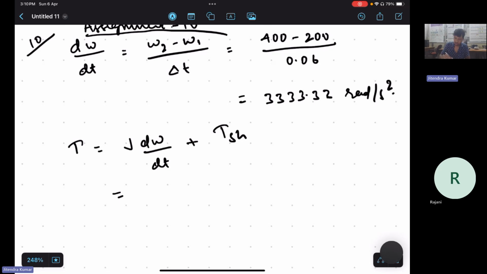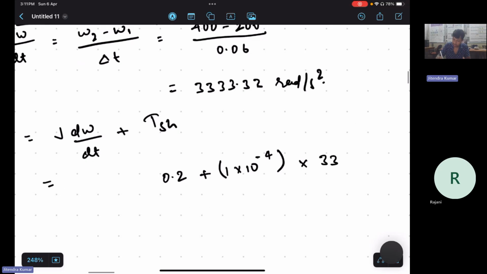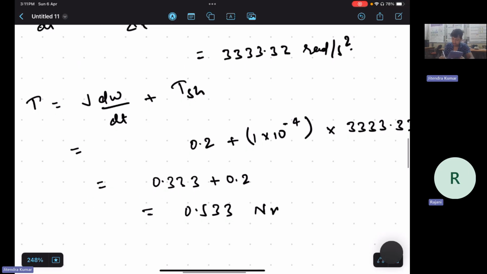TSH is given as 0.2, and J is given as 1 into 10 to the power minus 4. Multiplying by d omega by dt, 3,333.33, into 10 to the power minus 4, gives 0.33, plus 0.2, which is 0.533 Newton-meter. But that answer is wrong, sir. Answer is wrong, exactly.